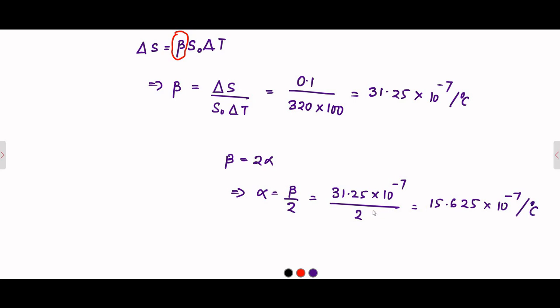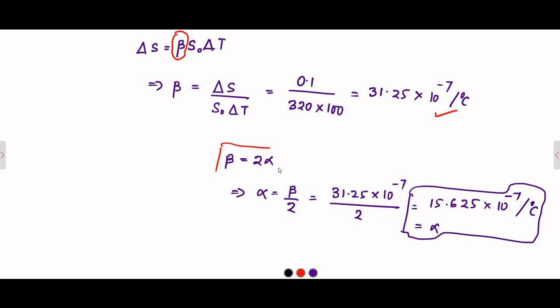This is the linear expansion coefficient of the sheet of brass. Okay, so this is the thing. First, we utilize the surface expansion formula to determine the surface expansion coefficient beta, and then we use this relationship between alpha and beta to determine alpha, which is equal to beta by 2.